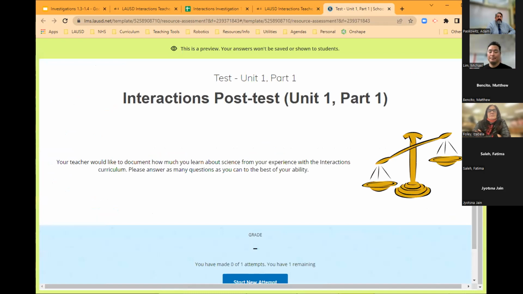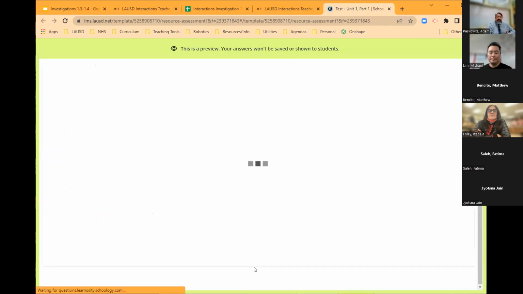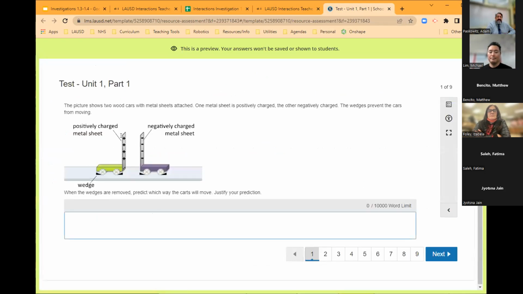Now, the assessments are really not just recall of the investigation. They test the concepts without just having students show that they've memorized things. So this question, for example, says you have these two cars, one is positively charged, the other is negatively charged.